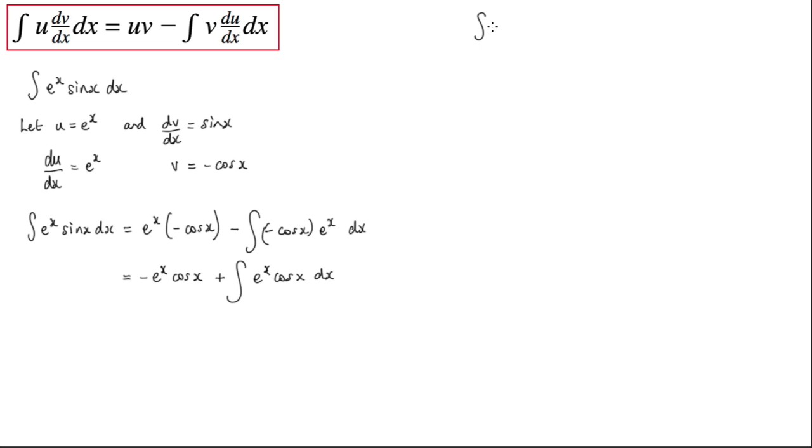So we've got the integral of e to the x cos x dx. And we can let u equal e to the x, and we can let dv by dx equal cos x. Now we need to differentiate that, so that's fairly straightforward. du by dx is e to the x, and we need to integrate to get v.